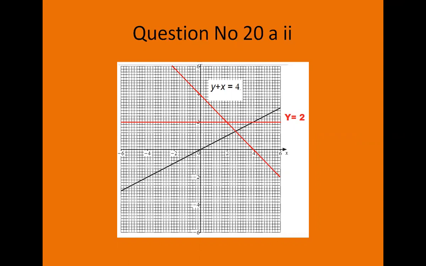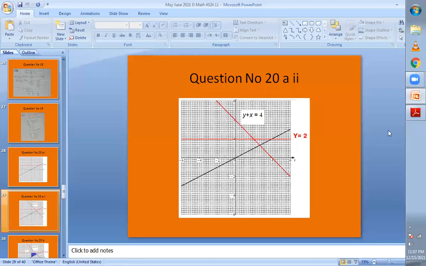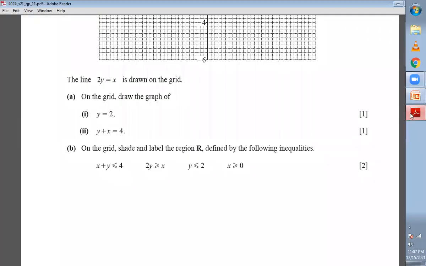And from there, find the value of y and then plot those points here. And you can get this line. This line is representing y plus x equals 4. Hopefully, you know how to draw this line. And once you have drawn this line, that was the first part. Okay, so now let me show you the next part.